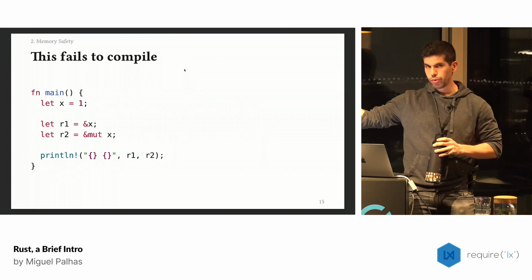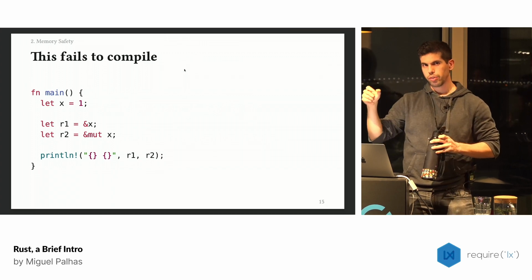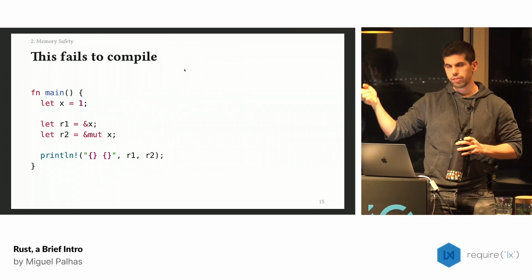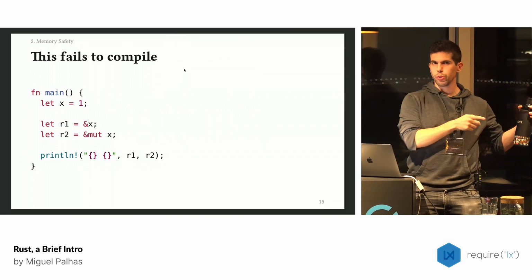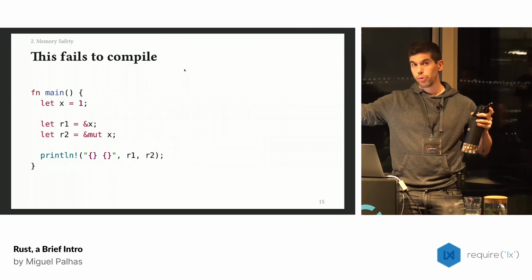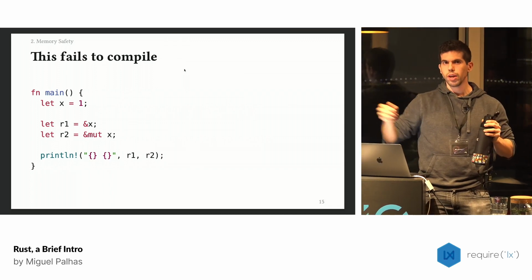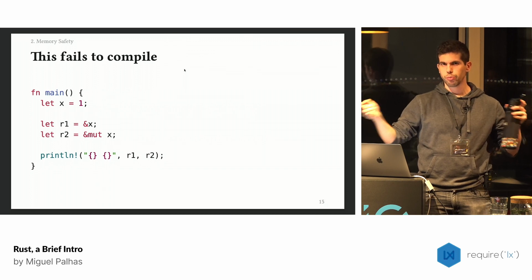And this code would fail to compile because we're trying to take a non-mutable reference and a mutable reference to the same value. The compiler doesn't let us do that, because then we won't have assurances that the non-mutable version won't change, because it's supposed to be non-mutable, but then there's another reference somewhere that is mutable, especially if these two references were separated across two threads pointing to the same place.